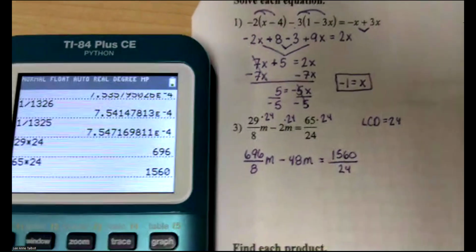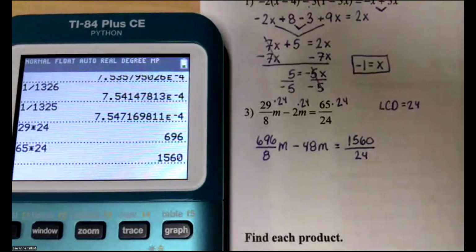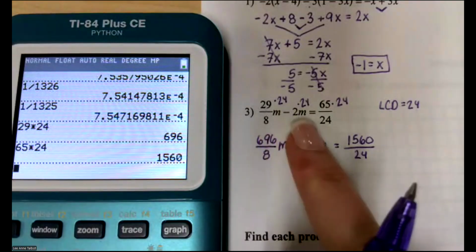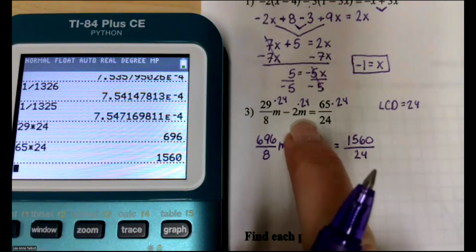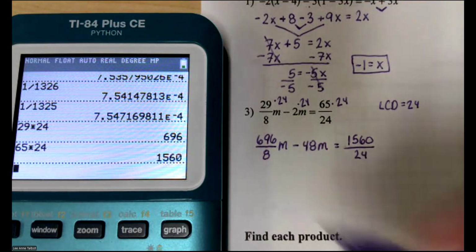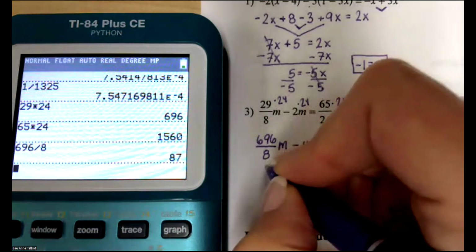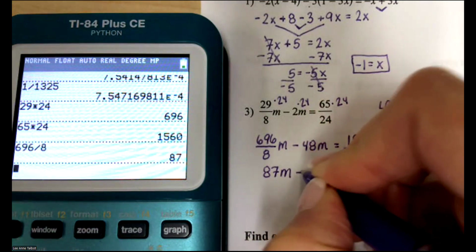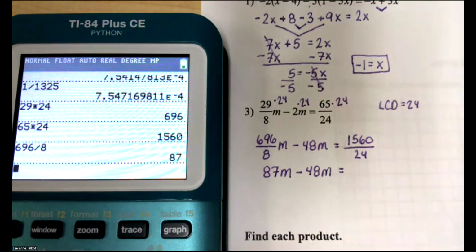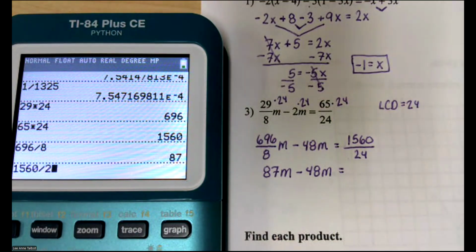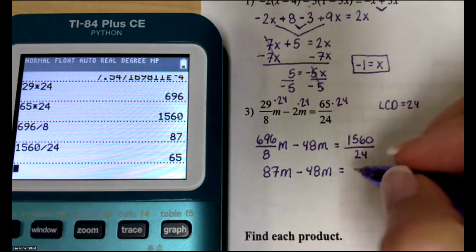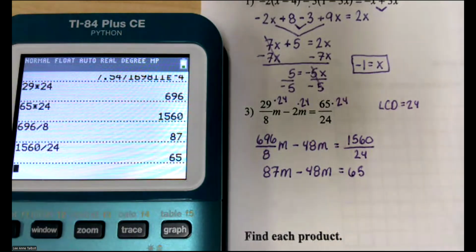Okay, so the first thing I did was find the least common denominator. Second thing I did was multiply all of the tops by that number and making sure to multiply everything. So imagine this guy is over 1, if that helps you. Okay, now I'm going to divide, and if I did it correctly, that means that they should come out to whole numbers now. Yay, they did.